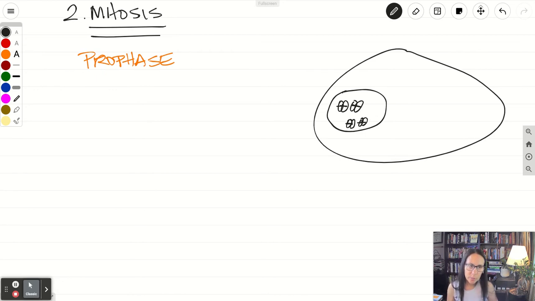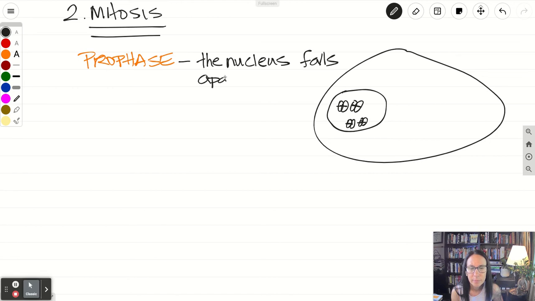In prophase, what happens is the nucleus falls apart. So you have this nuclear envelope and it just degrades. So I'm going to say the nucleus falls apart. And then the centrosomes start to move apart from each other.